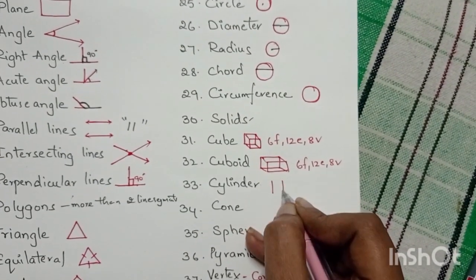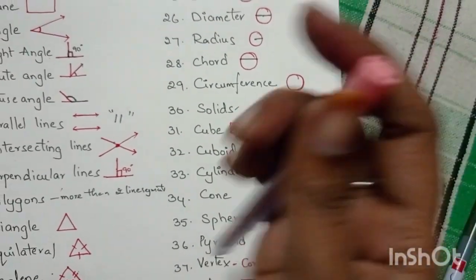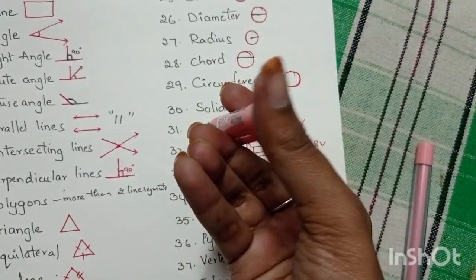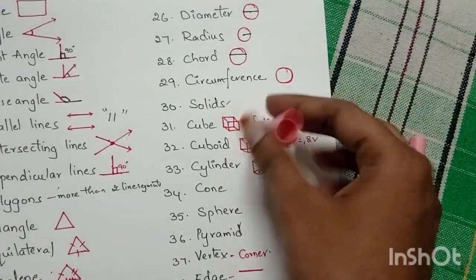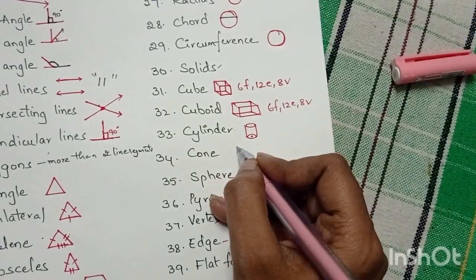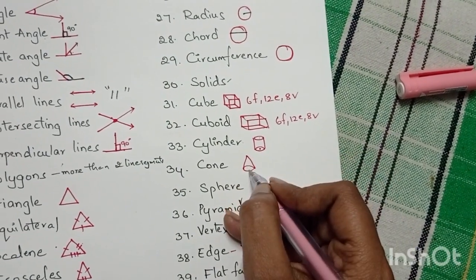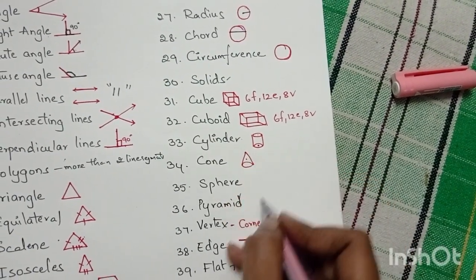In a cylinder, 2 circular faces. If you think of this as a cylinder, this is one circular face and this will be one circular face, where there are flat faces, and one will be the curved face. Then if you see a cone, here 2 edges will be there and here one edge, one flat face, one curved face, one vertex.